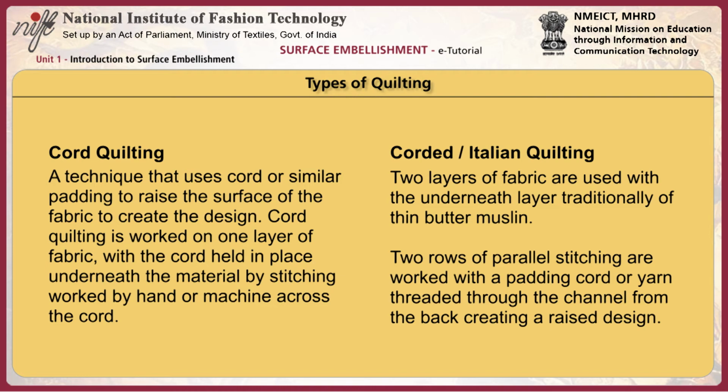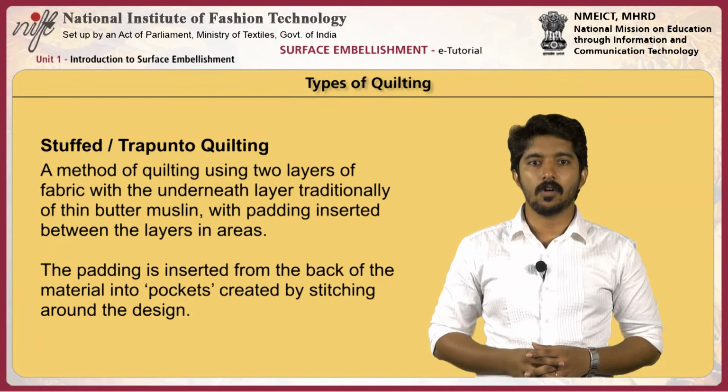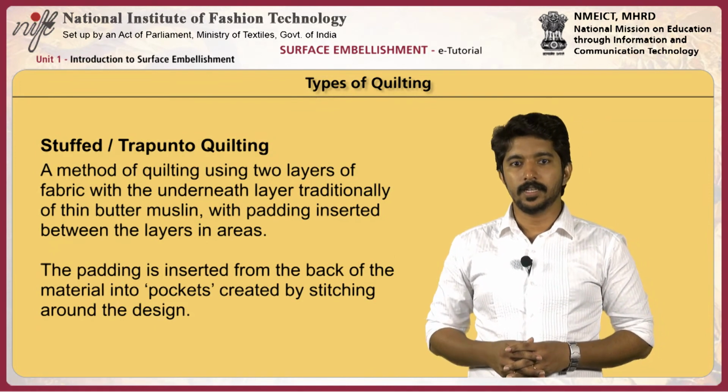In the corded or Italian quilting technique, two layers of fabrics are used with the underneath layer, traditionally thin butter muslin. Two rows of parallel stitches are worked with a padding cord or yarn threaded through the channel from the back, creating the raised design.